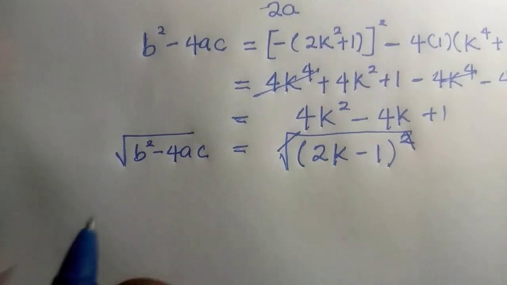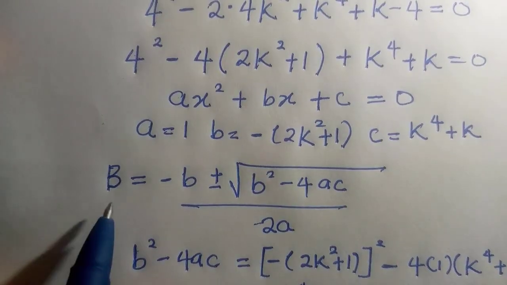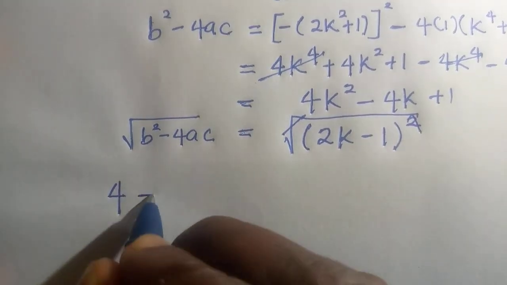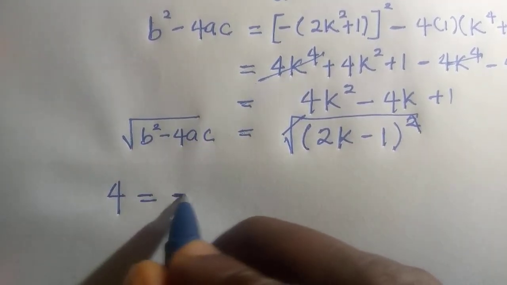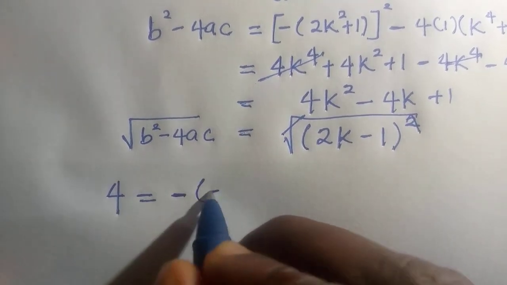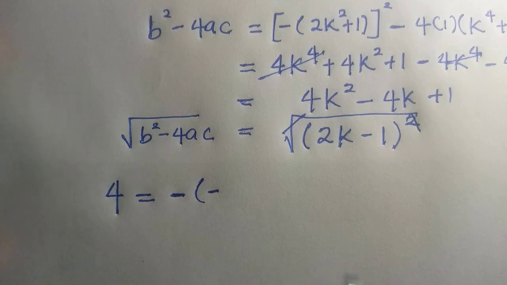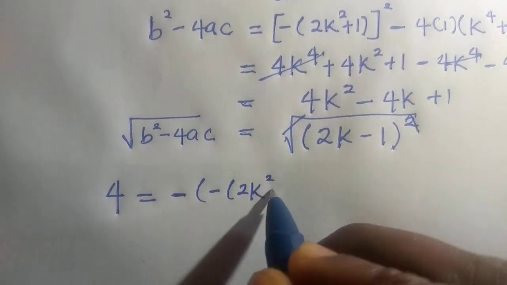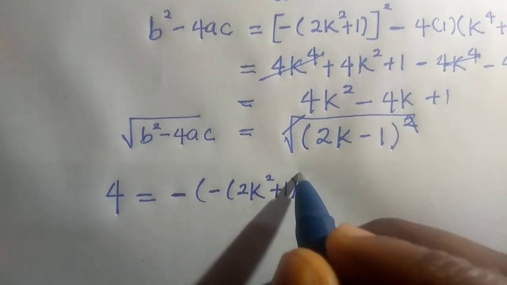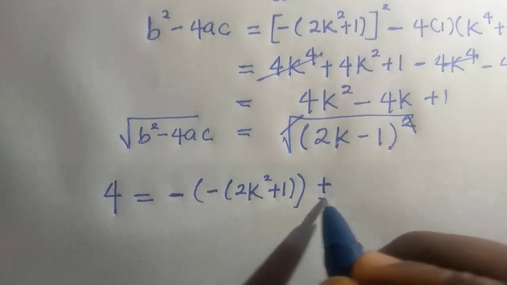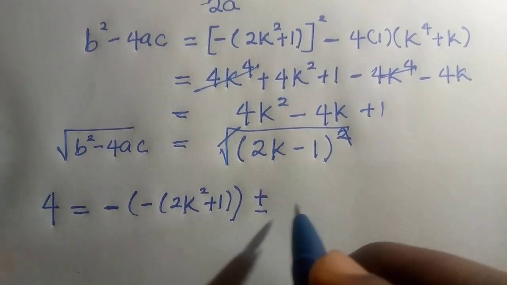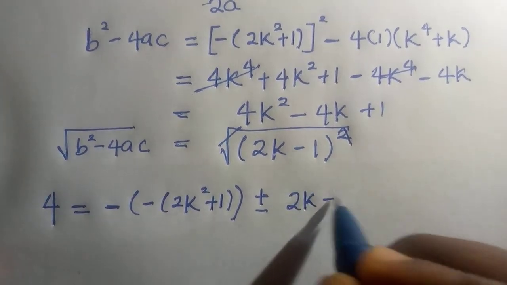So now I'm going to recall from the equation, as I called b, so that we have 4 equals minus open bracket minus, so the value of b here is minus (2k^2 + 1), then plus or minus the square root of b squared minus 4ac, which is now our 2k minus 1.